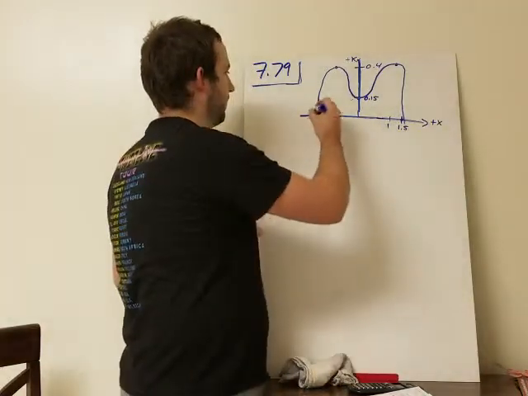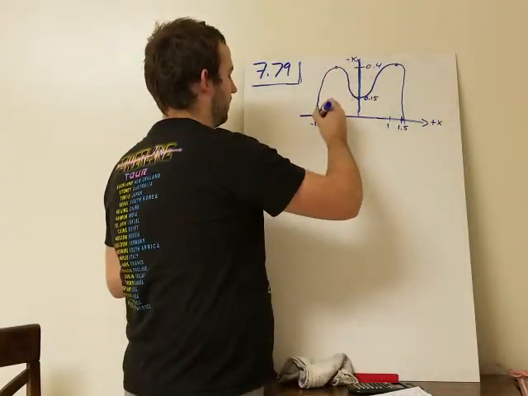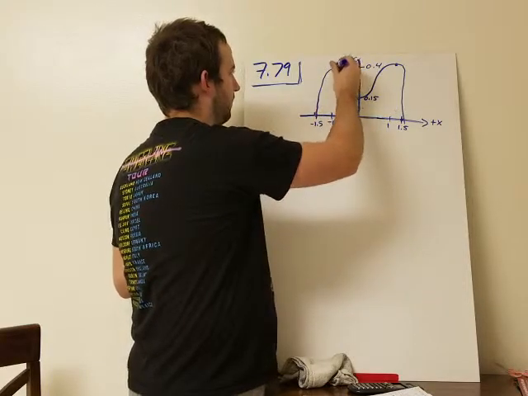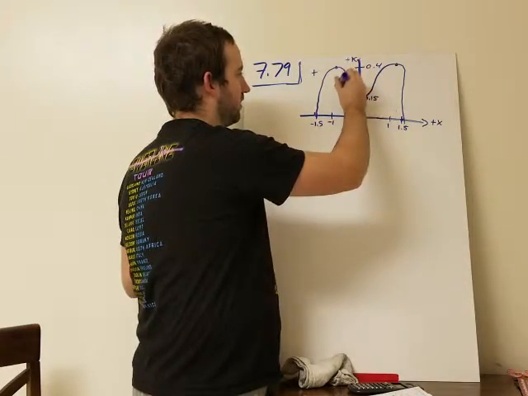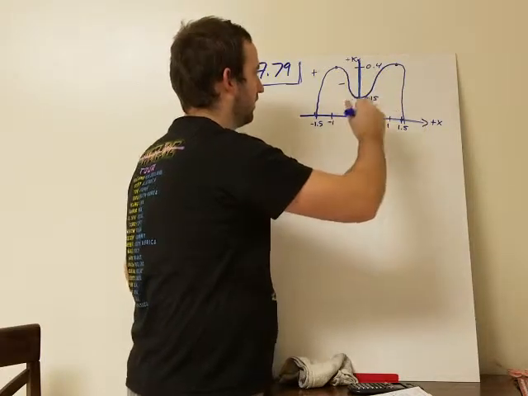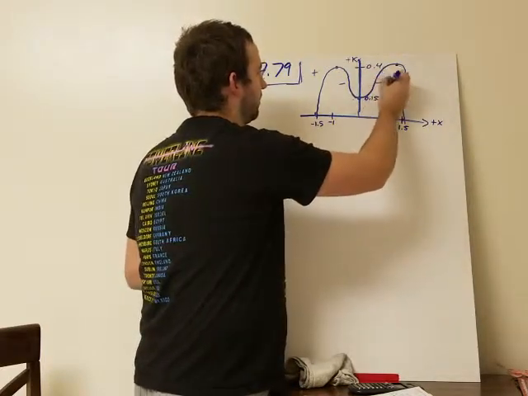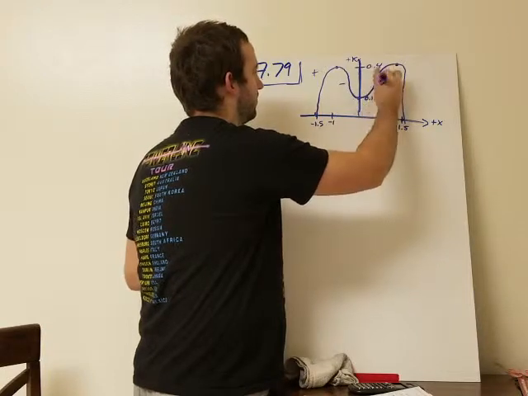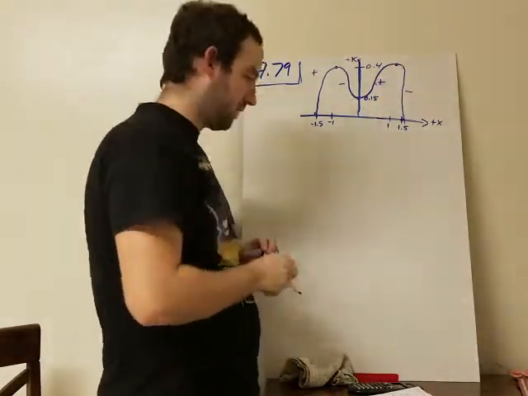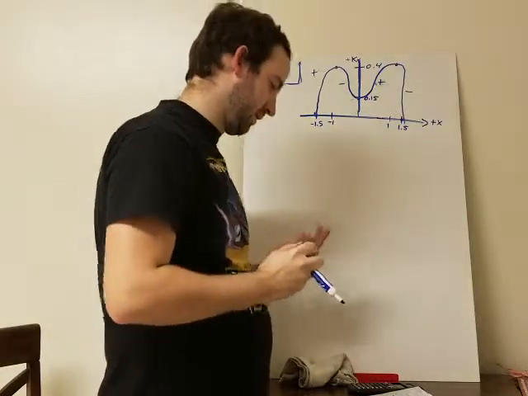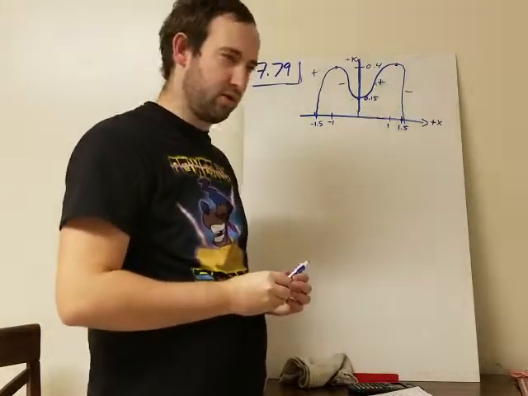So from negative 1.5 to negative 1 is positive. Here, it's dipping, so that's actually going to be negative. Same here, or sorry, this is going to be positive, and then that's negative again. That's it for part E. These parts should go pretty quick.